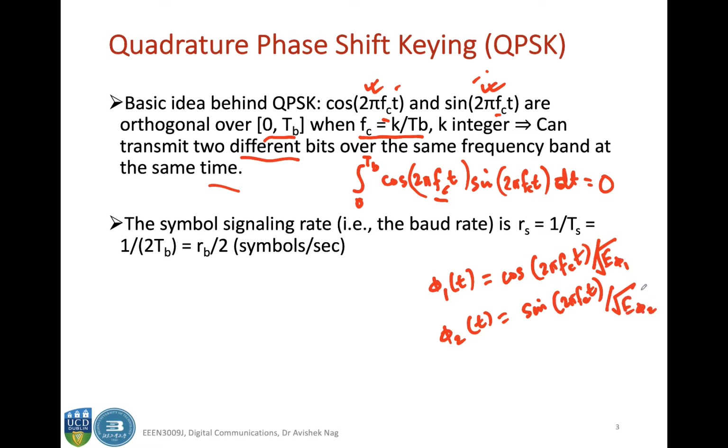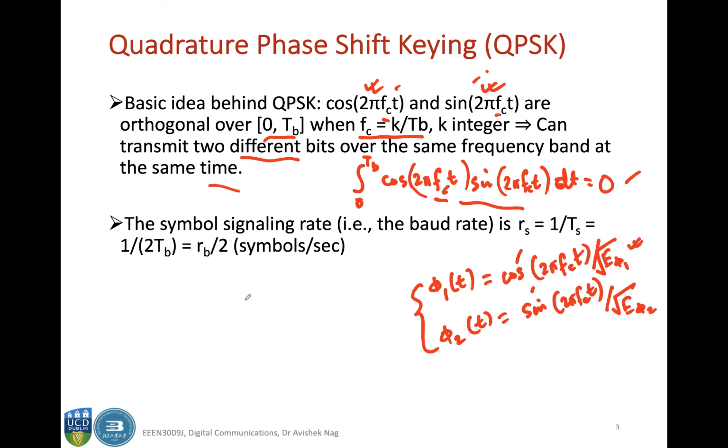Then you can have two orthonormal basis functions just from these cosine and sine functions, because they are orthogonal. If you normalize them by dividing by their square root of energy, then you also ensure that they are orthonormal.